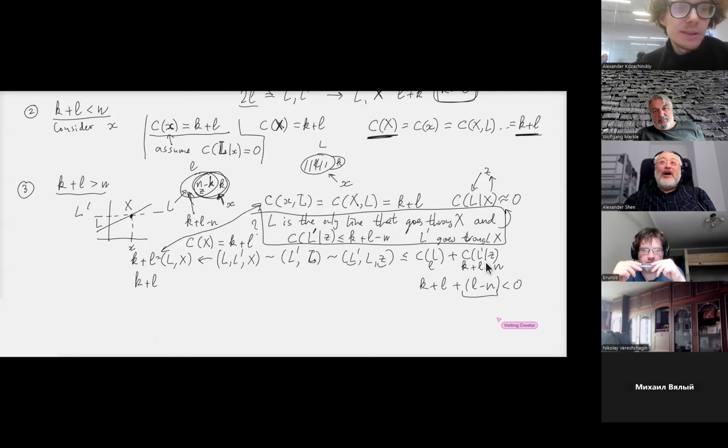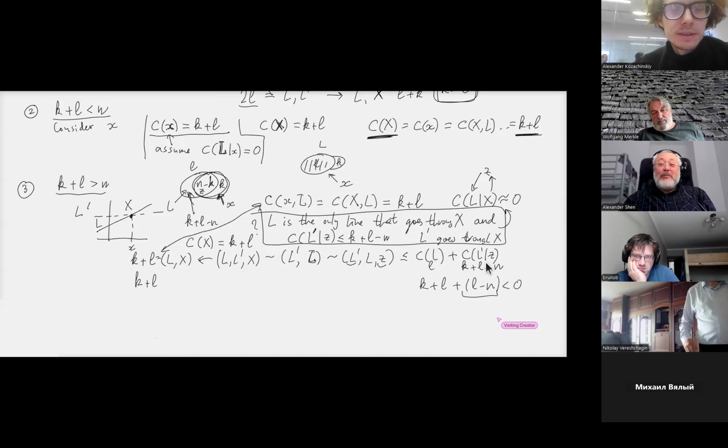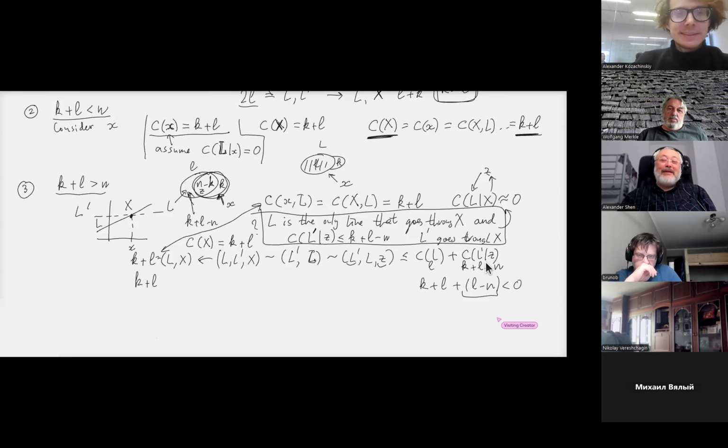Okay, so now it's in a different flavor. You take an oracle to decrease the complexity only slightly, by several log n. Decreasing the complexity of what? Of the line? No, because there is a problem when K plus L is exactly n. So you want to say you decrease the complexity of L a bit, and then you get some point of required complexity.